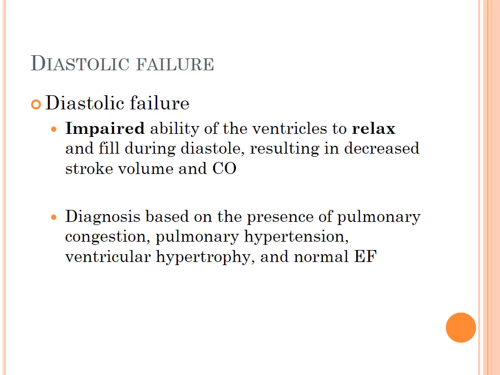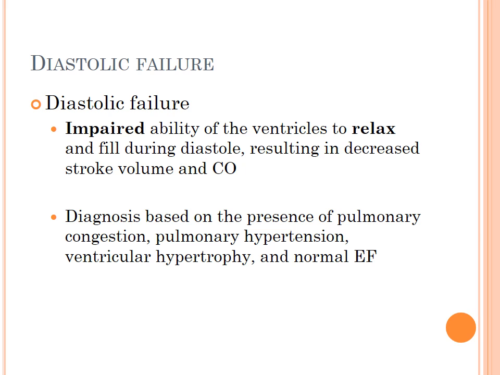The diagnosis is usually based off of pulmonary congestion, pulmonary hypertension, ventricular hypertrophy. But here's the key. Remember I said with systolic dysfunction or systolic failure, you're going to have a decrease in the ejection fraction. With diastolic failure, you normally have a normal ejection fraction.